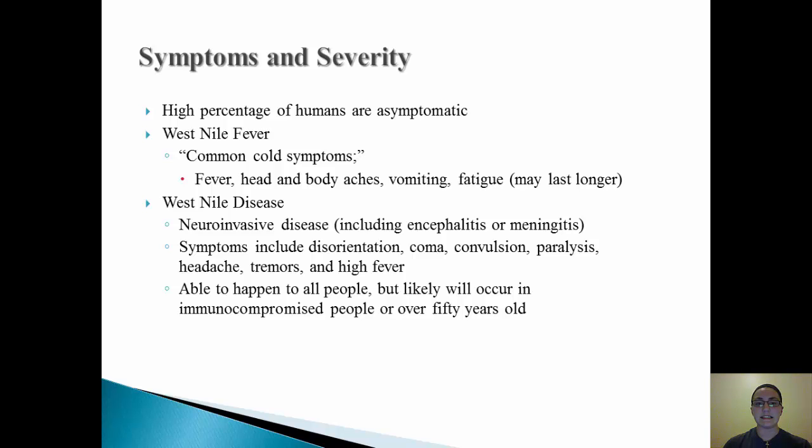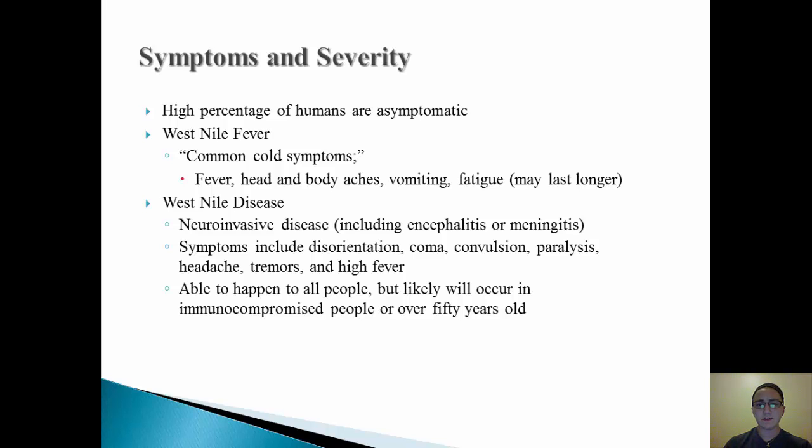However, the West Nile disease is much more severe than the fever. It's a neuroinvasive disease, and this includes encephalitis and meningitis. The encephalitis is the inflammation of the brain, and the meningitis is the inflammation of the membranes back here in the neck, which support the brain and the neck column.